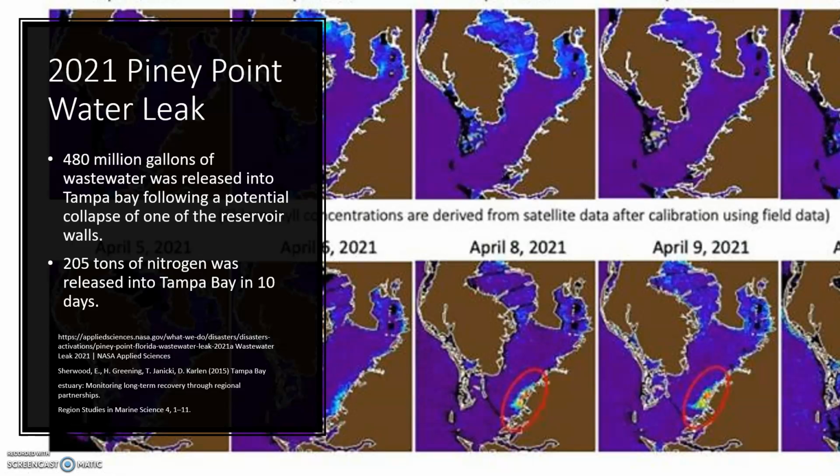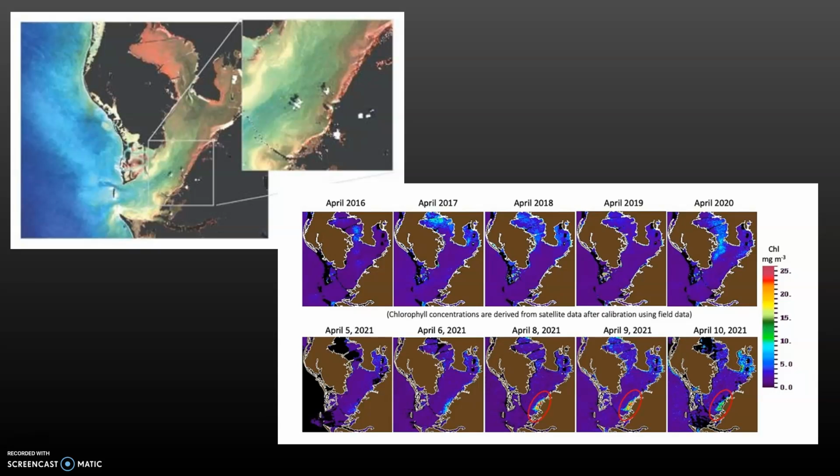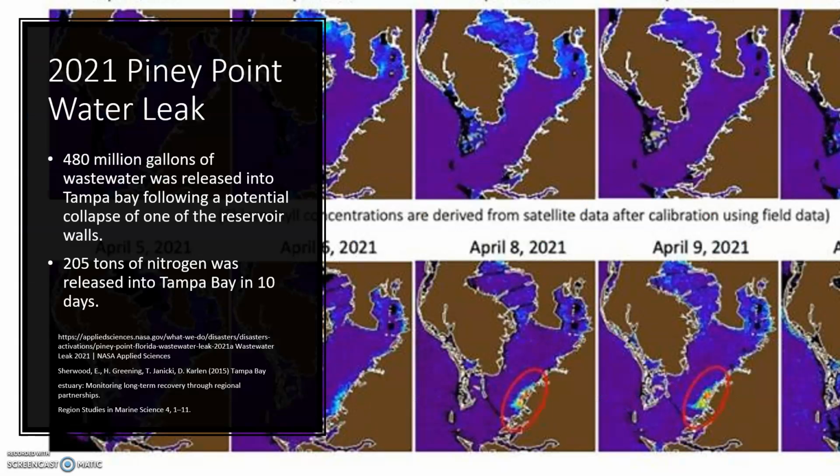So 205 tons of nitrogen was released into Tampa Bay in 10 days, which for reference, for the lower part of Tampa Bay, which is around here, there's usually around 350 tons of nitrogen released throughout the whole year. So we had almost a whole year of nitrogen released in only 10 days, which can be harmful for the ecosystem.